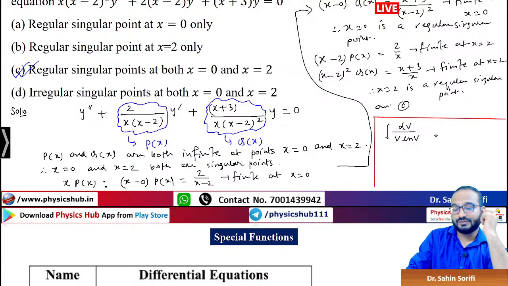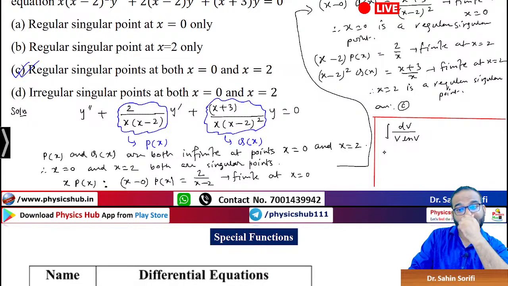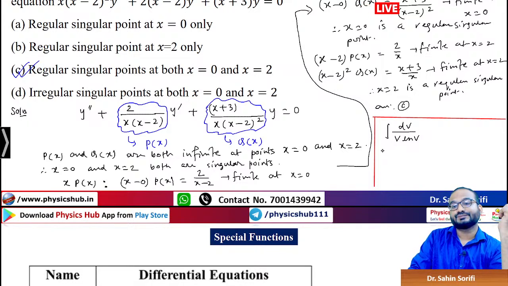So in the usual technique, you can take ln v equals some constant, let's say z. So this will be 1 by v dv equals dz.